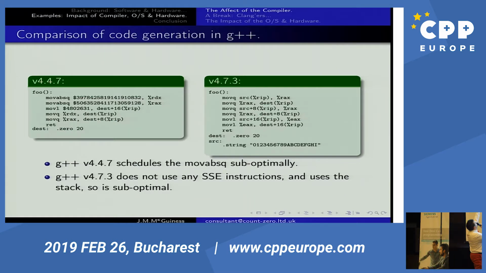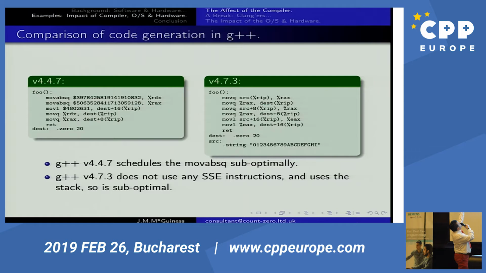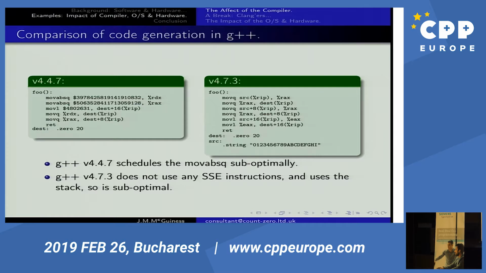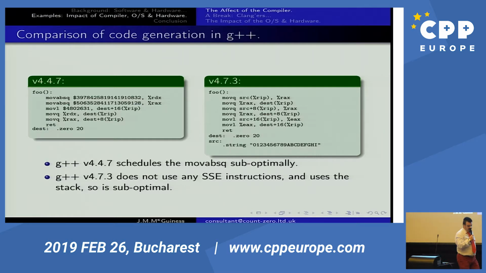Now, we can see here in 4.4.7, you see those 2 movabs instructions up there, scheduled together? That's a problem. Because the issue rate of movabs on this old AMD architecture I showed you has a curious quirk. The vector unit is extremely slow. So the second one should have been shuffled down.